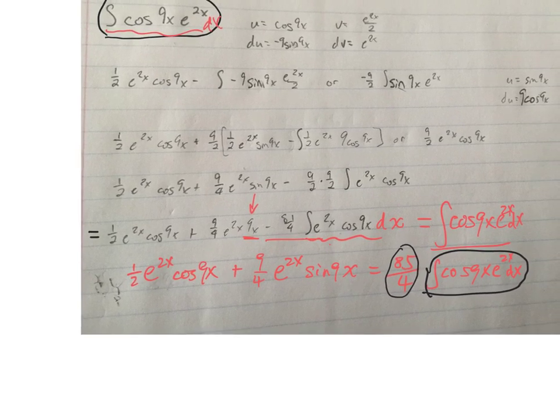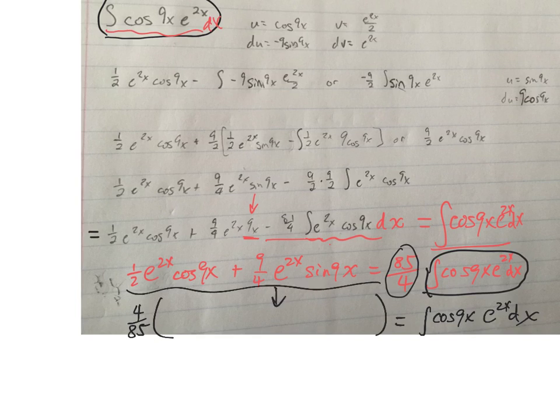So I'm going to continue. So therefore, this is equal to 4/85 times this whole thing, which is equal to 85 as a denominator, and multiply 4.